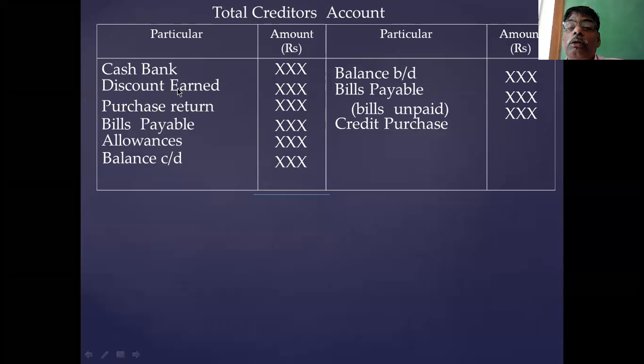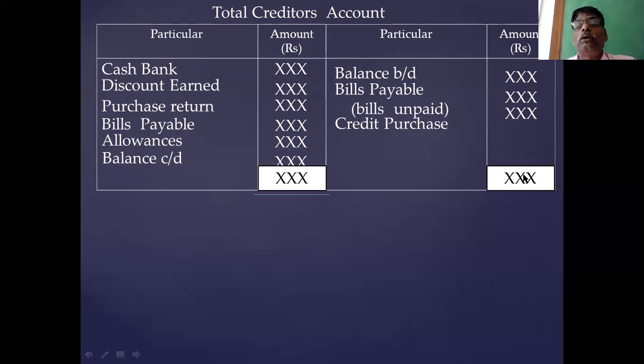Remember these three items on the credit side and six items on the debit side. You write these items, then close the account. This account must tally.